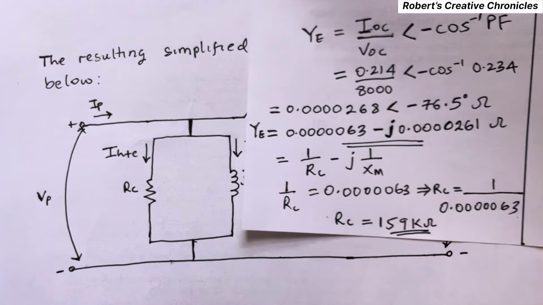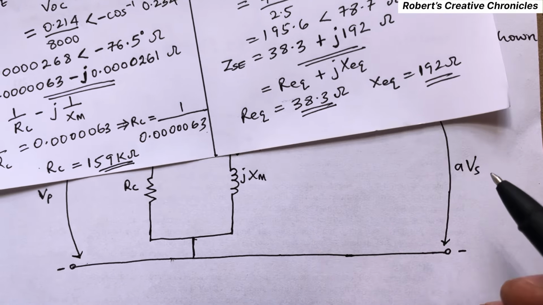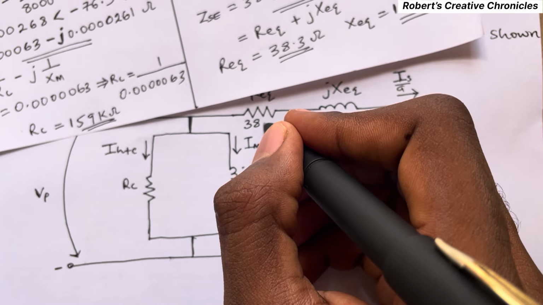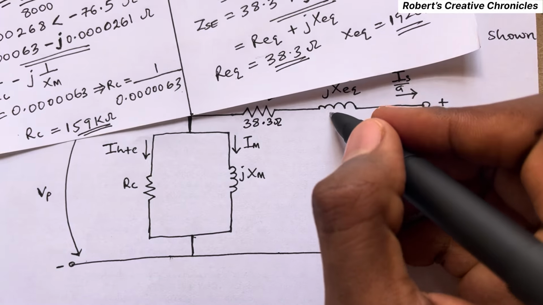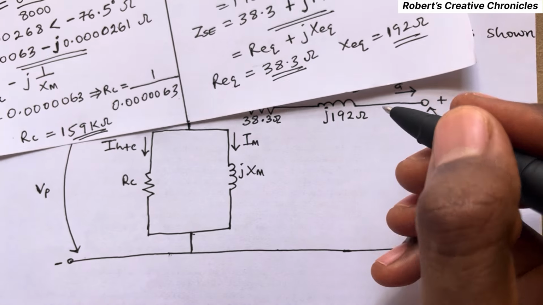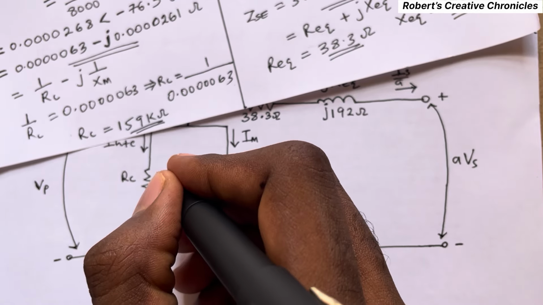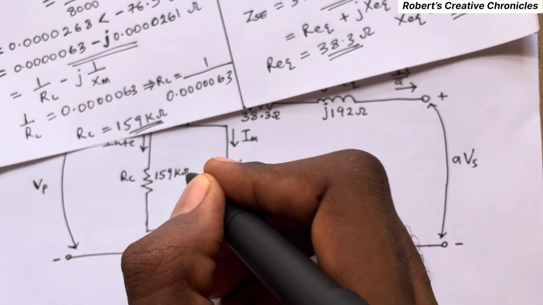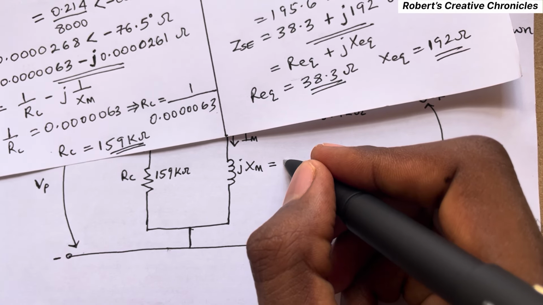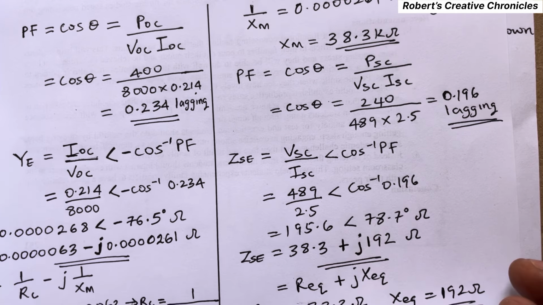Now the equivalent resistance is 38.3 ohm, and here is j192 ohm. Here is RC, which is 159 kilo ohm, and here is jXM, which is 38.3 kilo ohm.